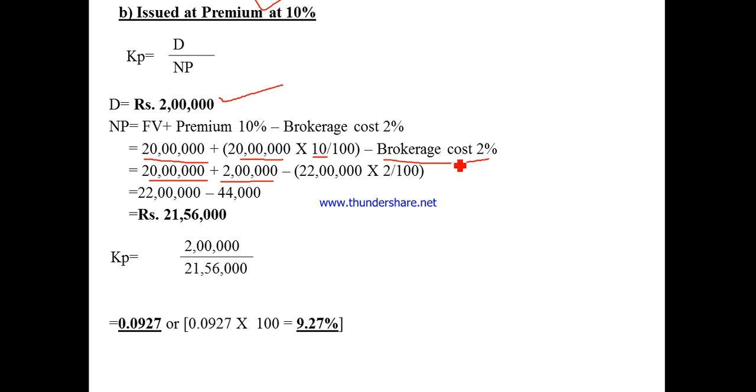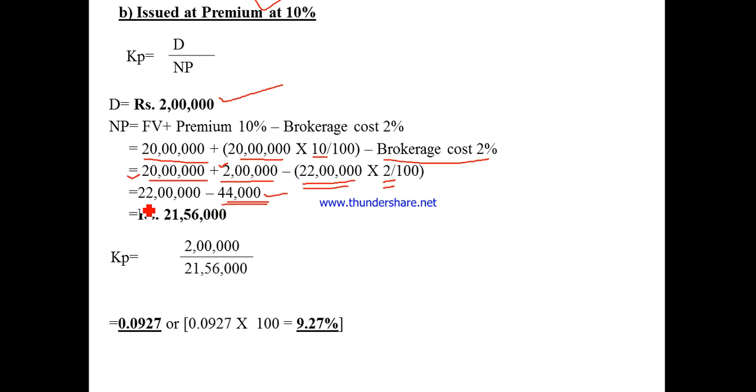One very important point to remember is that the brokerage cost is to be calculated on face value plus premium. Face value is 20 lakh, the premium is 2 lakh, so it becomes 22 lakh. On 22 lakh, 2% brokerage cost comes to exactly 44,000.